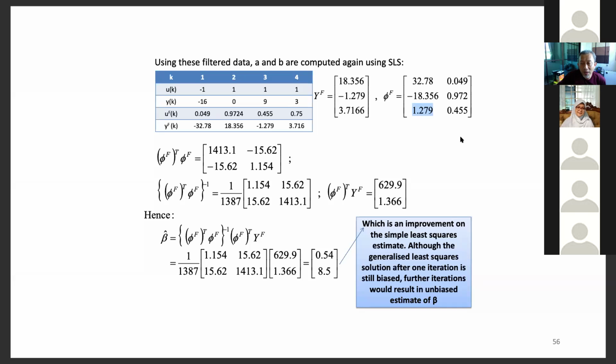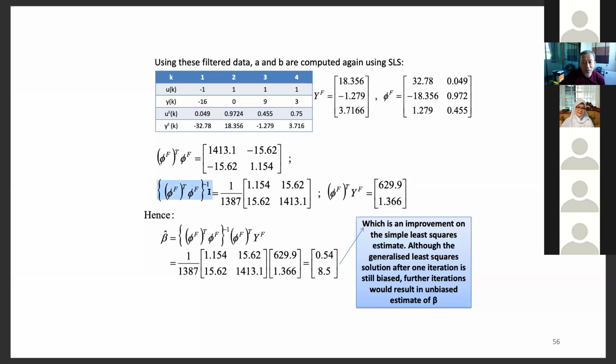Then plus uk, directly from here, put in the second column. Then find the transpose of this, then multiply with the theta filtering. You get 2 by 2.